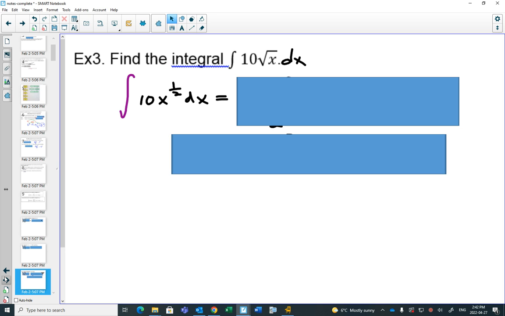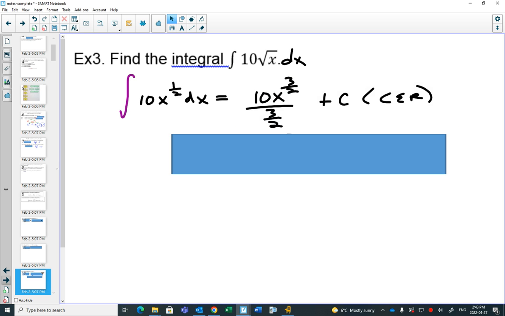And with derivatives, if you had a square root, you changed it to an exponent. Does it make sense? And integrals will do the same thing. We have an x to the half. So what are we going to do? Add 1 to our exponent and divide by our new exponent. Then you have a fraction inside of a fraction, so we have to multiply by the reciprocal.